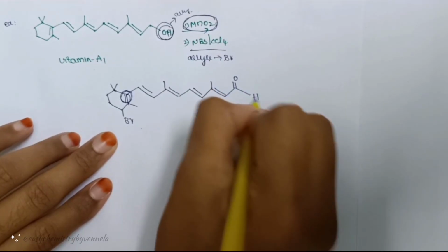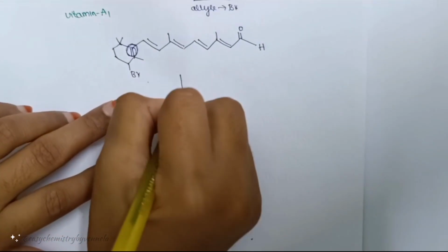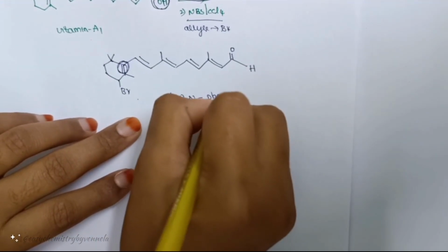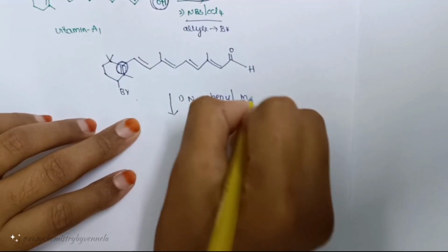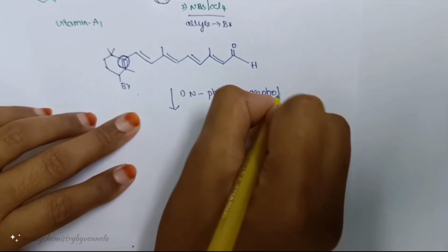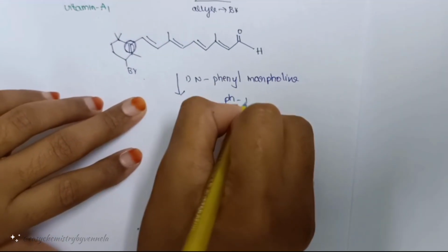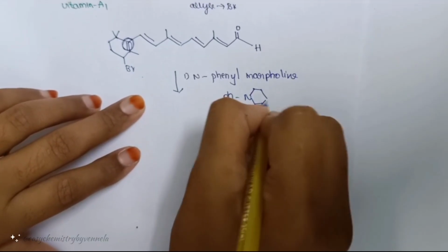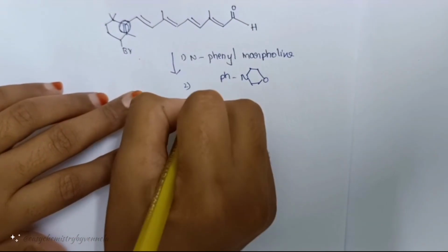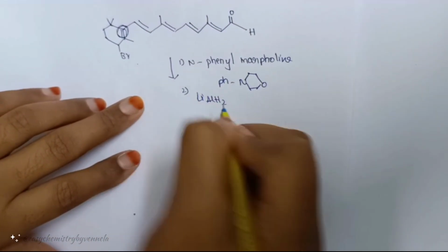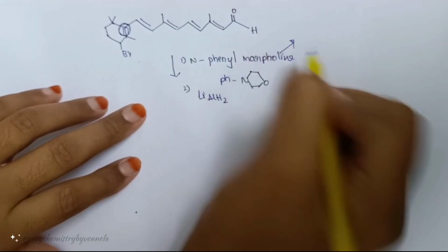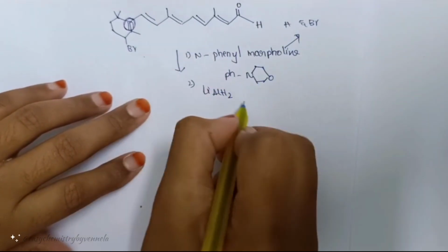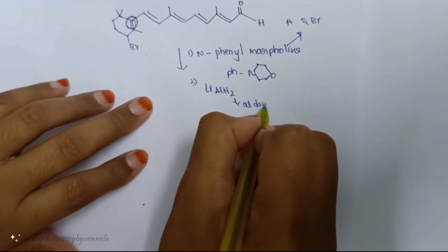Next, it can form a carbonyl compound. After this, reaction with N-phenyl morpholine. This is the structure for N-phenyl morpholine. And second, LiAlH4. Morpholine attacks on removal of hydrogen and bromine. With LiAlH4, the aldehyde converts into alcohol.